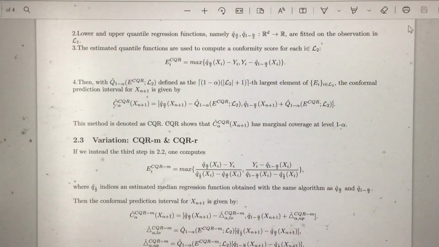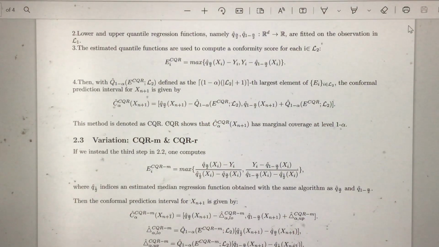So the conformal prediction interval for xn+1 is given by C hat alpha CQR, where the lower bound is q hat half of alpha minus capital Q hat 1 minus alpha, and the upper bound is q hat 1 minus half alpha plus capital Q hat 1 minus alpha.